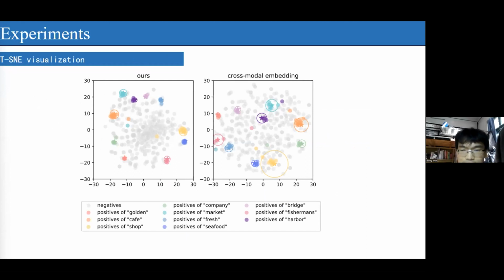The green nodes left are the negative samples. A circle centered on a star indicates an approximate scope where the majority of positive samples can be covered, whose radius is equal to the distance of the second most distant positive sample from the center.